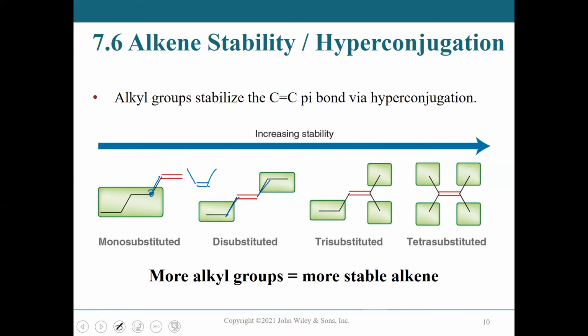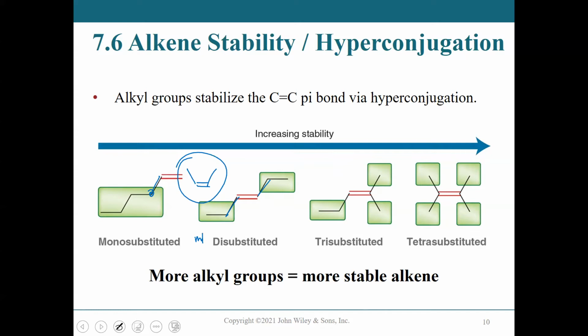So I would say that the cis disubstituted will be somewhere around here. The trisubstituted is more stable, and the tetrasubstituted is the most stable of the trend. Can I have a pentasubstituted alkene? No, of course not. So an alkene can only have 4 branches maximum. So you can have maximum tetrasubstituted, then tri, then di, and then monosubstituted.